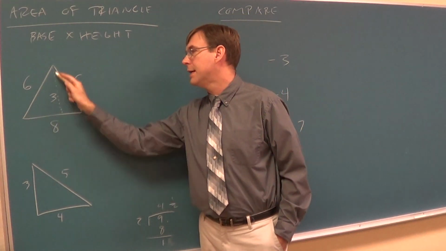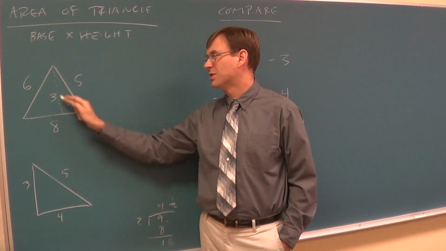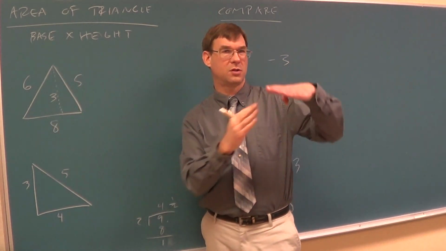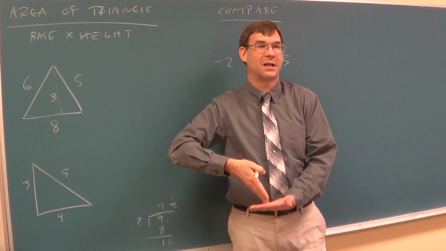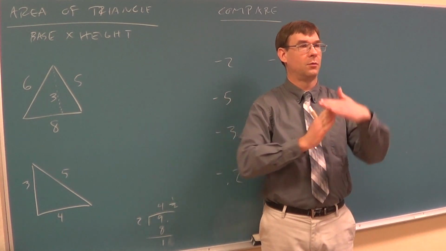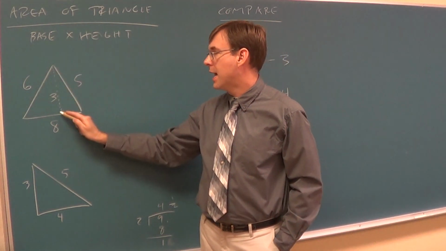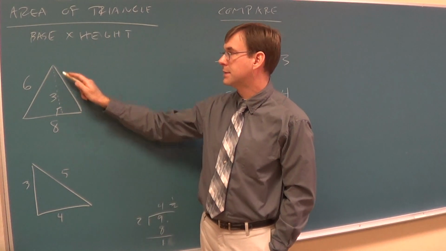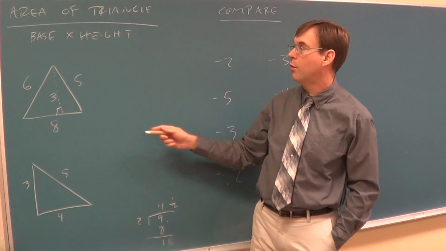The 3 and the 8 are the height and the base. What relationship is there between those two sides, making a T? It's a word we used by accident already today once, but now we want to use the word. Perpendicular. The height has to be perpendicular to a base. So 3 times 8 is 24.